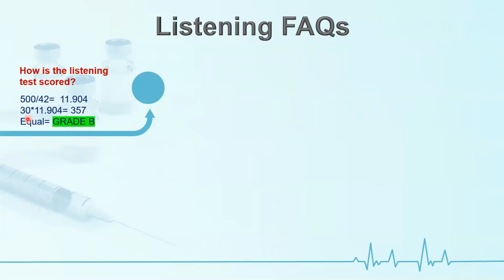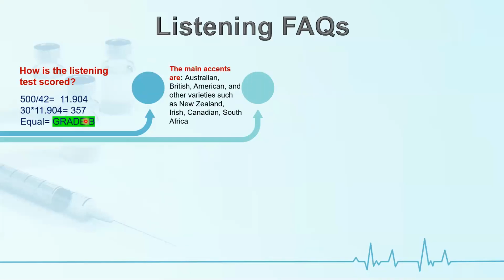You have to answer at least 30 questions correct to get B score, 350 and above, grade B. The main accents, we have Australian, British, American, and other varieties such as New Zealand, Irish, Canadian, and South African.